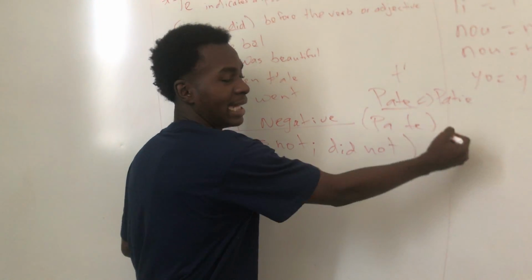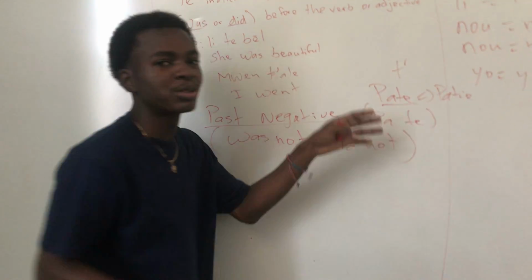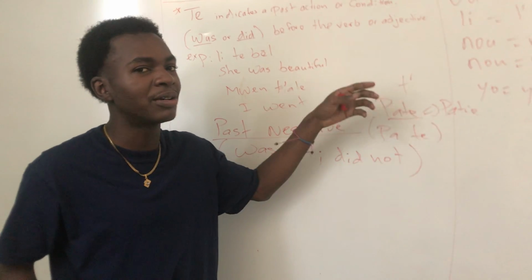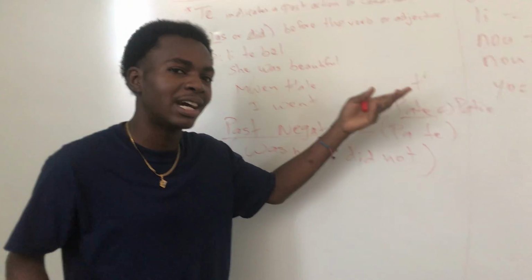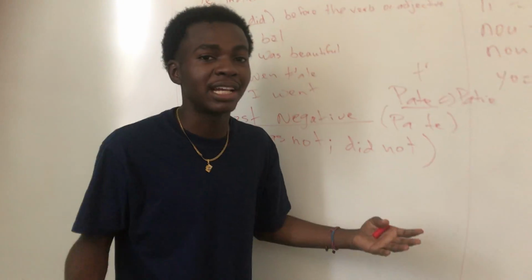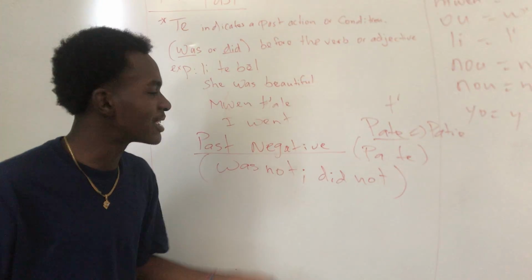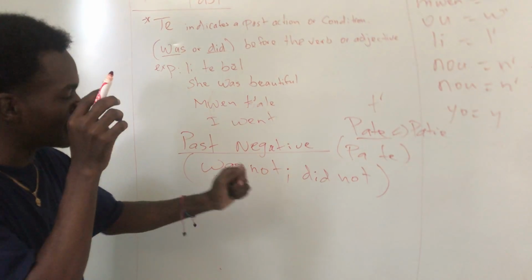I write pa and ti. If you write it pati all together, that's a new word, which is a patty, a Haitian food that a lot of kids, a lot of people like to eat. Me personally, I like to eat patty. But that's another story. Okay, let's get back to our lesson.